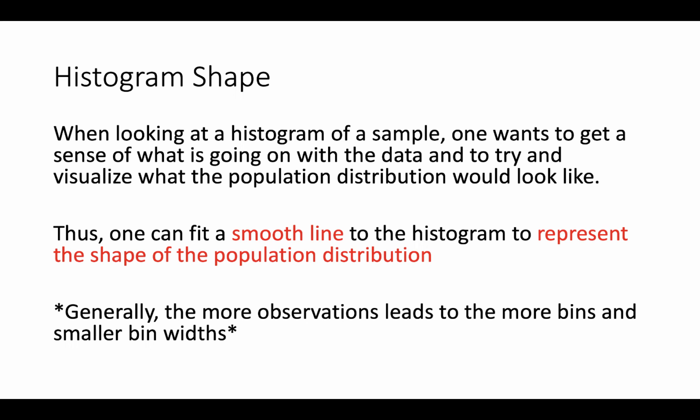So what ends up happening is when you take a sample of data, you don't have the observations for every single element of your population. But if you were to take every single element of your population, you would have more observations, you would have more bins, and they would have smaller bin widths. So let's look at an example representing this.